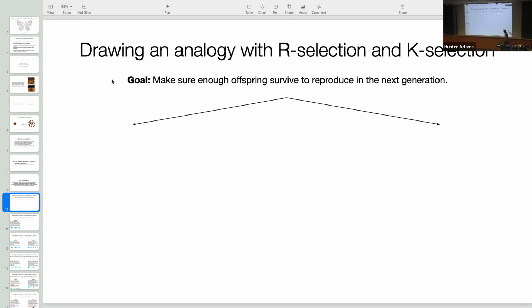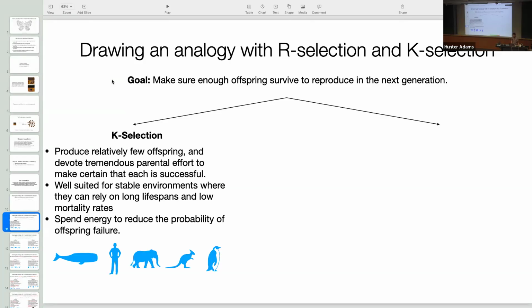And this falls into two broad solutions. It's really kind of a spectrum, but we can think about this in sort of two different ways. One solution that nature has arrived at for solving this problem is K selection. This is the solution that we use as humans. It's the solution that's also deployed by whales and elephants and kangaroos and penguins and a gajillion other animals.